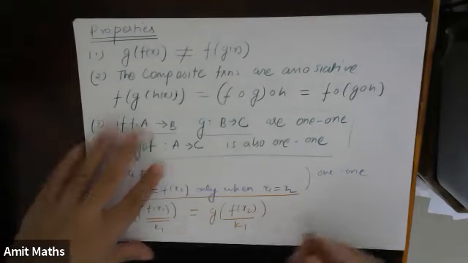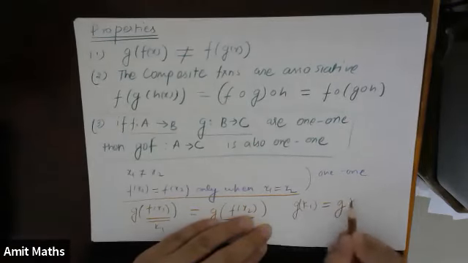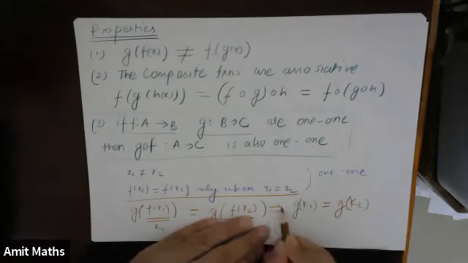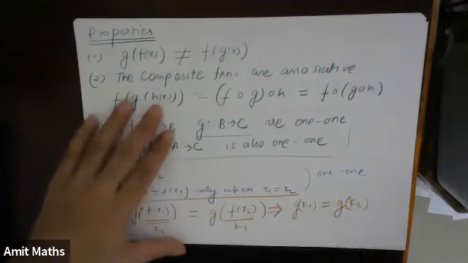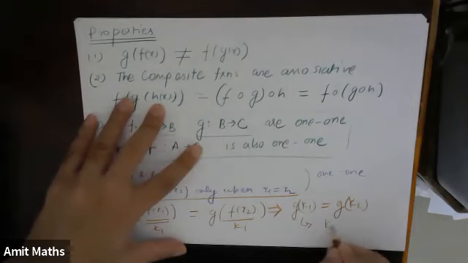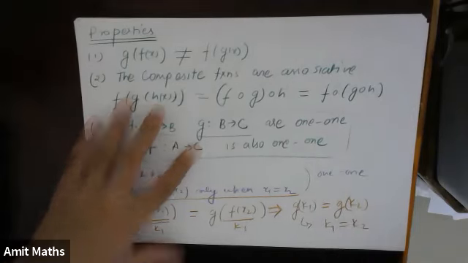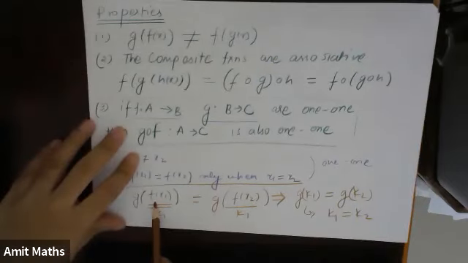So if g of k1 is equal to g of k2, what does this imply? This implies that k1 has to be equal to k2. K1 is f of x1 and K2 is f of x2.